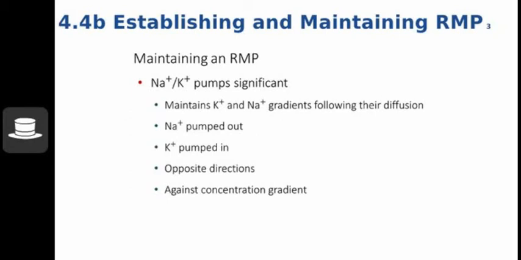Let's see if I can draw this fast enough. Here's our cell membrane. If we have 3 sodium out and we've got 2 potassium inside the cell, do you see how we've got one less on the inside, so we could call that -1.